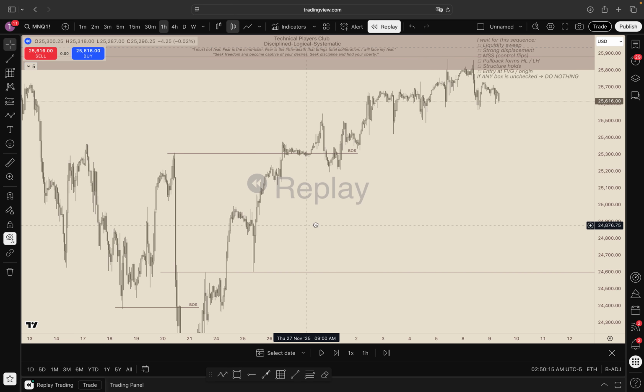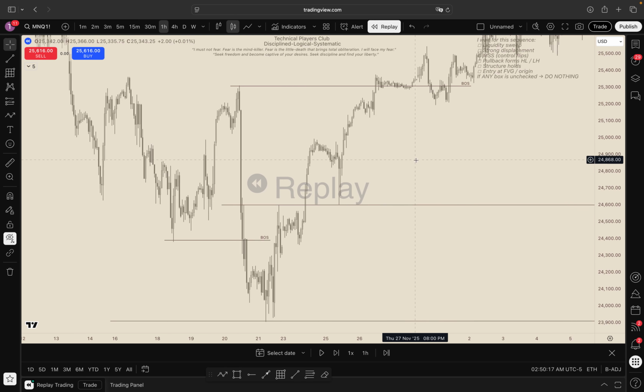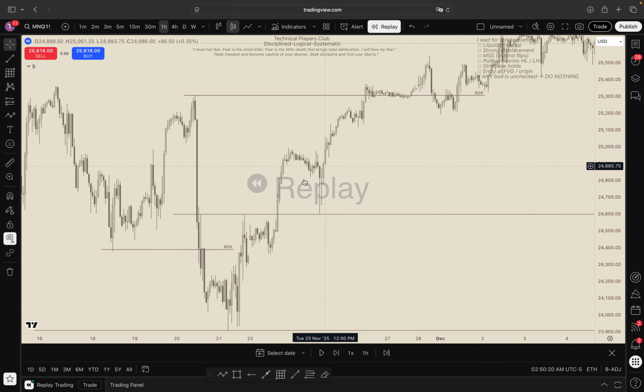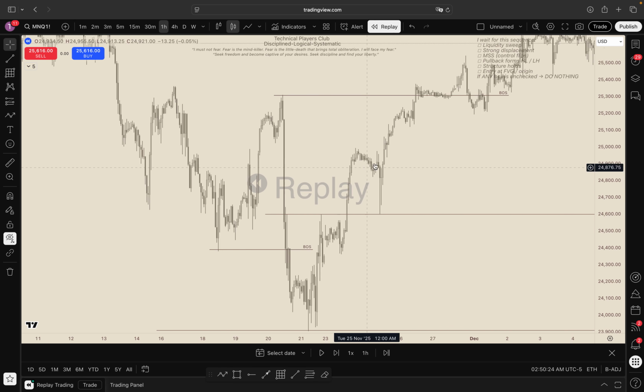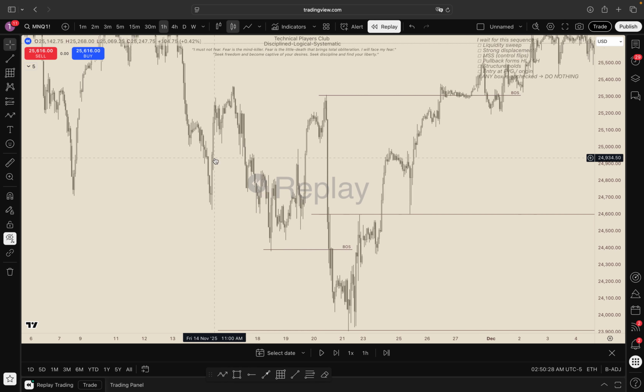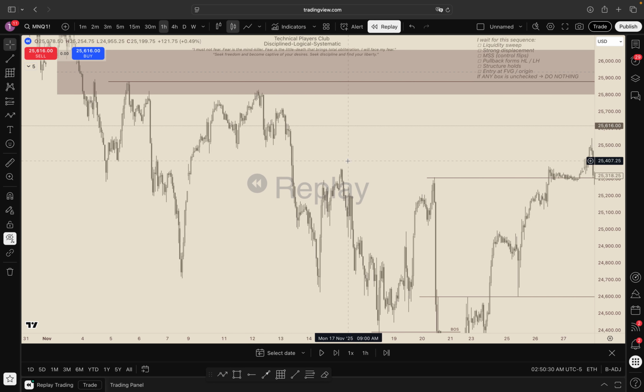I don't know how they write it, but this is a breaking structure, right? Boom. So what do we get? Remember, that move originated from here. It broke this here. This is a strong high. It should not be disrespected. Boom. It gets broken. Let's zoom in. It gets broken. Price closes above this level right here.